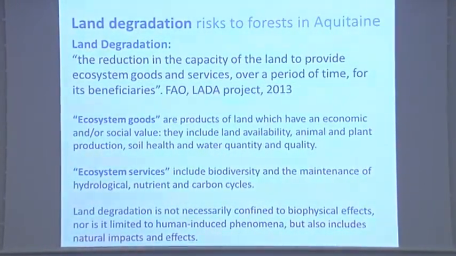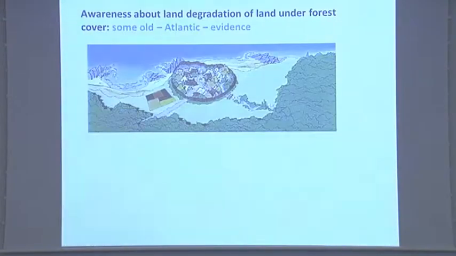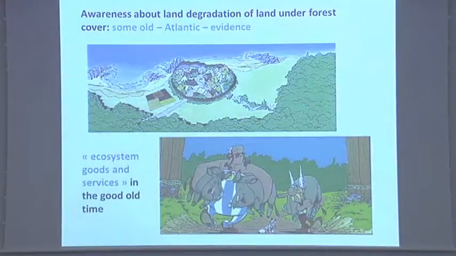So now I sort of understand the title, and I realized that there are many facts that I should look at while looking at the forest in Aquitaine. There are some historical notes about the land degradation threats in Aquitaine, although at that time the goods and services were quite different from today.